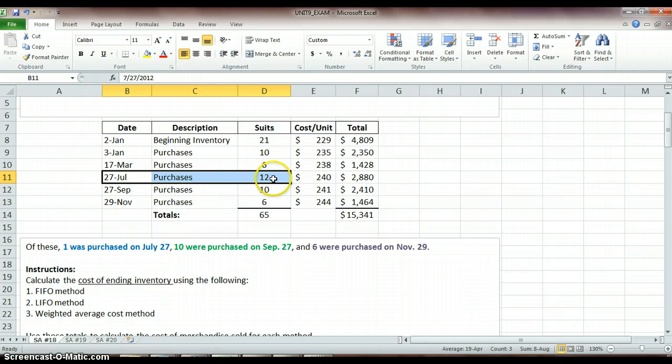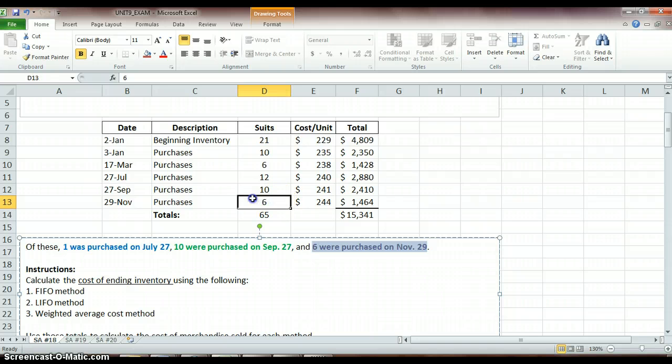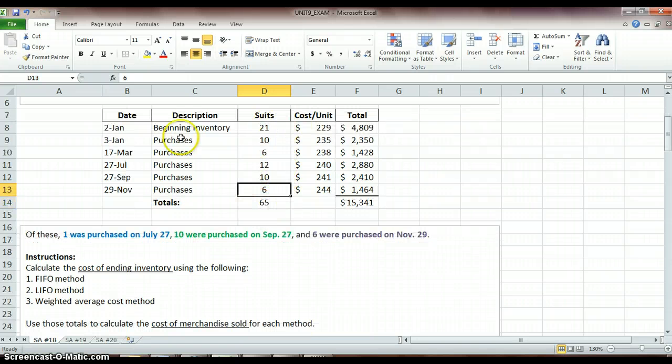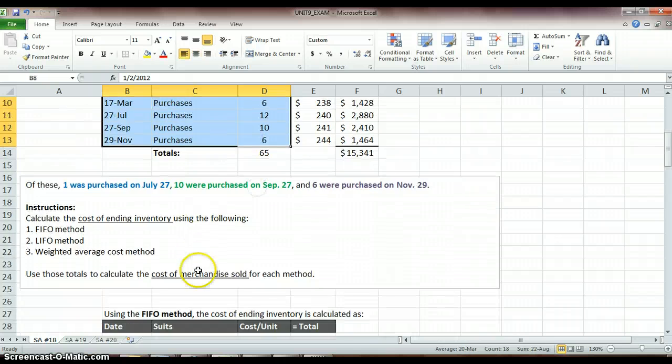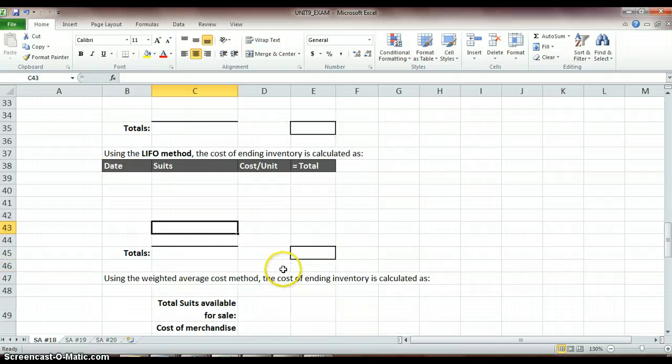That would leave us with 11 suits left. And then we had 10 that were purchased on September 27th, so we can take all of those from our September 27th purchase. They set it up the same way with both of these last purchases, so we can take all 6 of those from the November 29th purchase. Then you need to copy down the amounts that you have left into your last in, first out method.